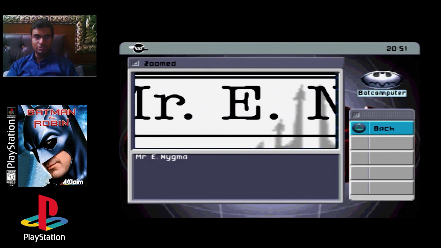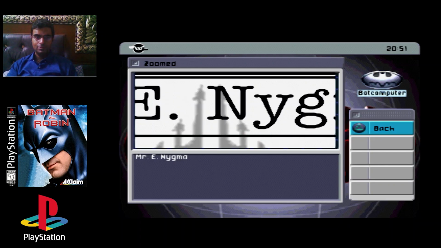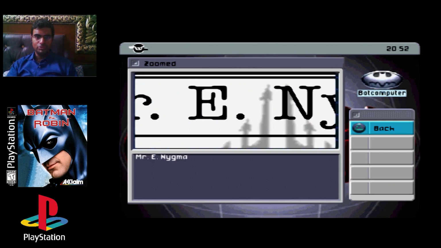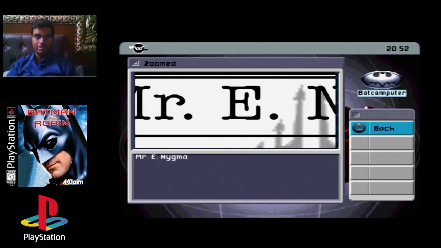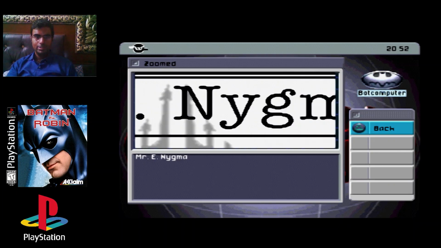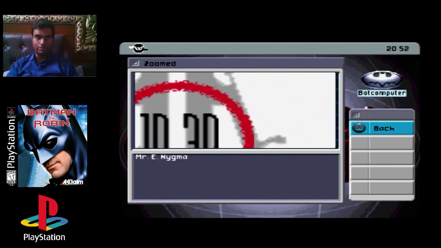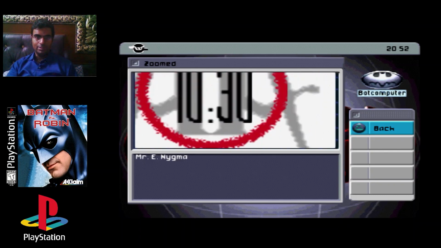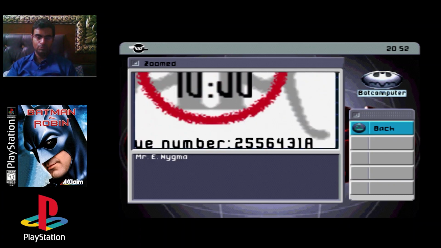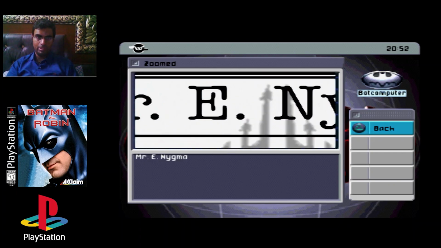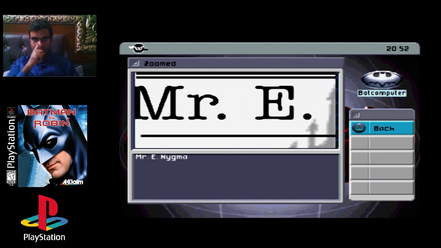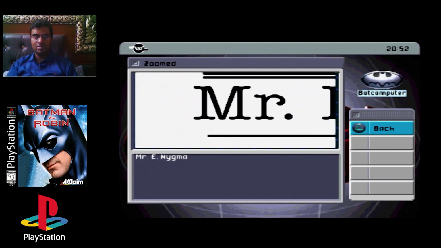So this was the second reference, to the second villain of the Batman Forever movie, Mr. Enigma or Mr. Edward Nigma, also known as the Riddler. And this is the time where someone is trying to visit this criminal in the Arkham Asylum. This reference also shows that he is incarcerated in Arkham Asylum.